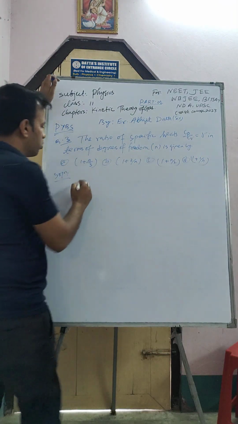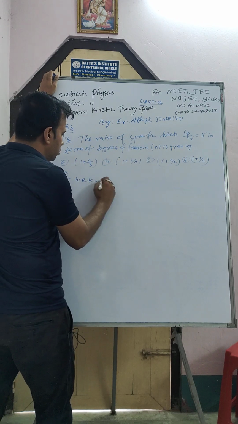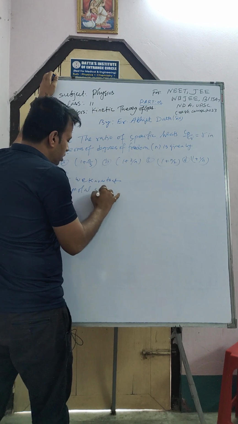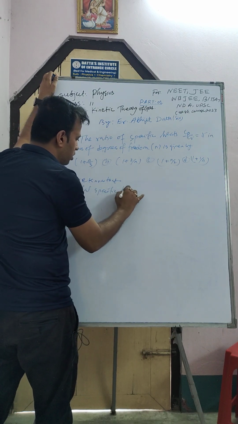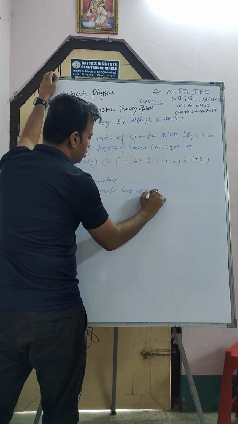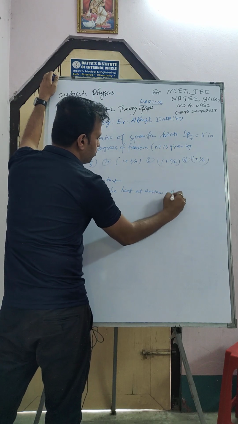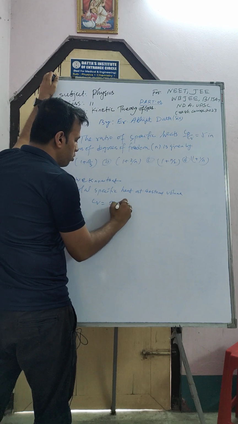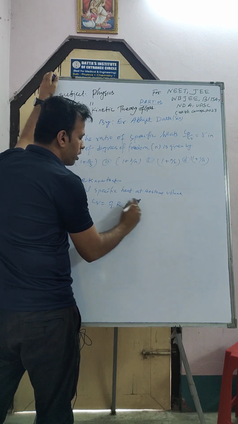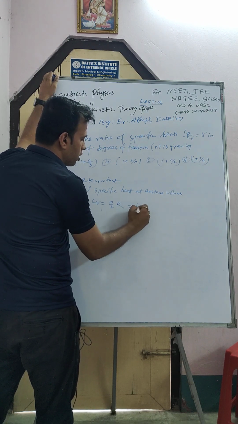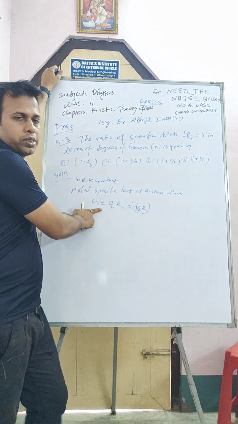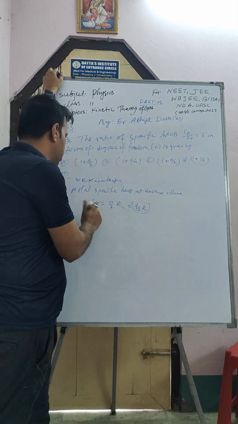So now we know that molar specific heat at constant volume, Cv, equal to n by 2 R, or you can say f by 2 R. You can write it this way also. Here degrees of freedom is n, so I write n by 2 here.